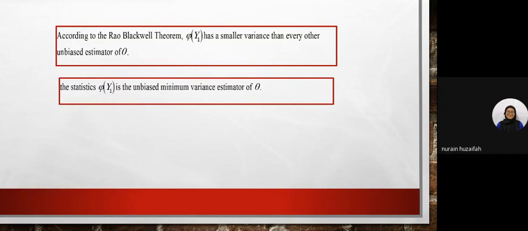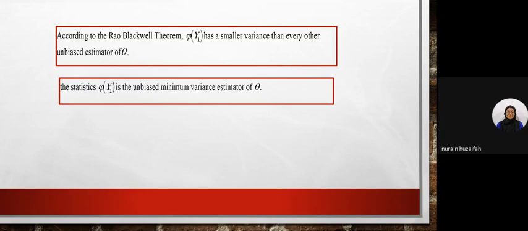If we combine these three properties, a sufficient statistic, a complete family of g1(y1; theta), and an unbiased estimator, it will give you phi(Y1), which has a smaller variance. So we define the statistic phi(Y1) as the unique unbiased minimum variance estimator.